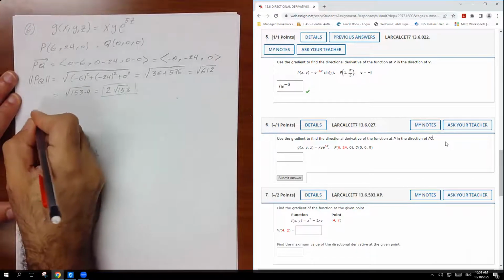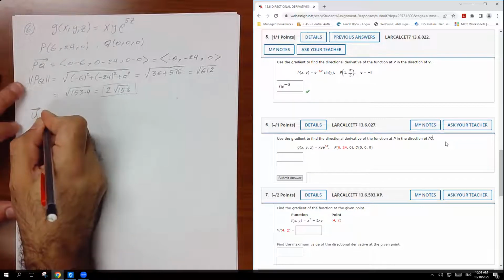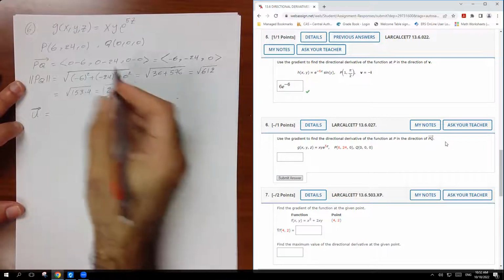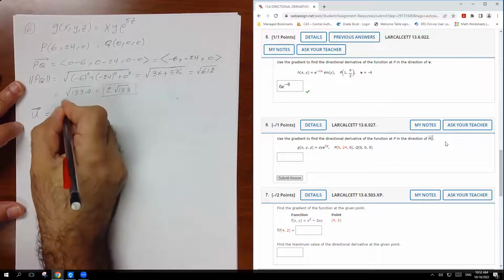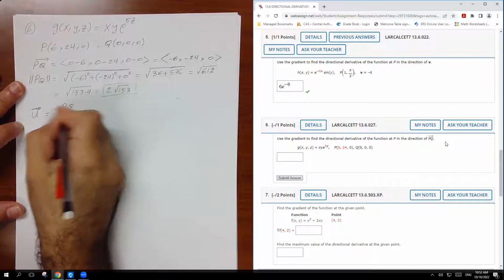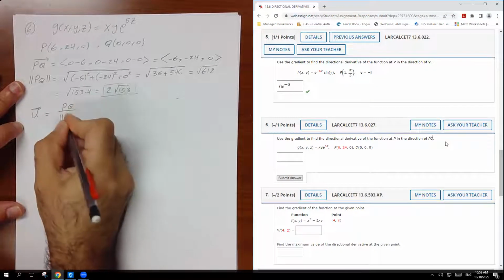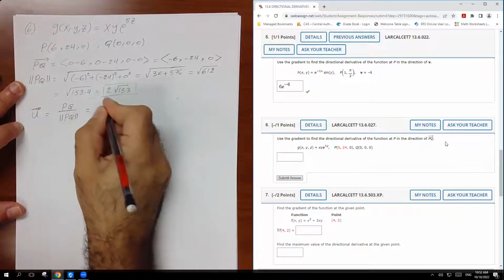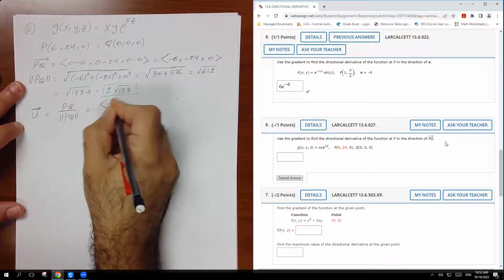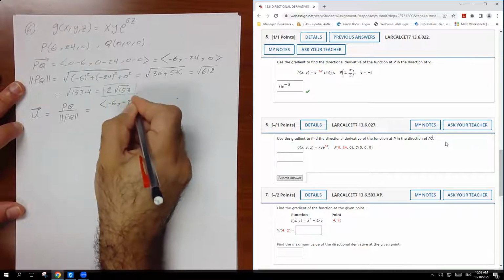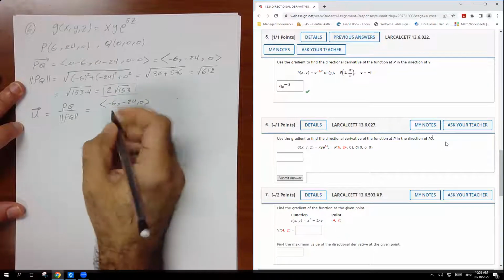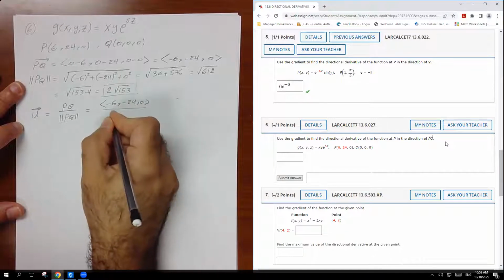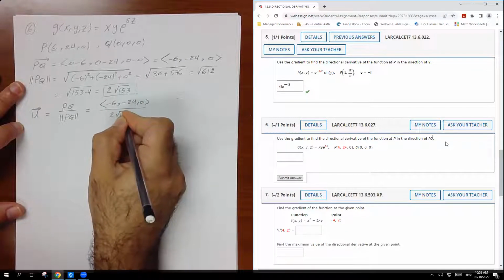So our unit vector is our vector PQ over the length of PQ. That is (-6, -24, 0) divided by 2 square root of 153.